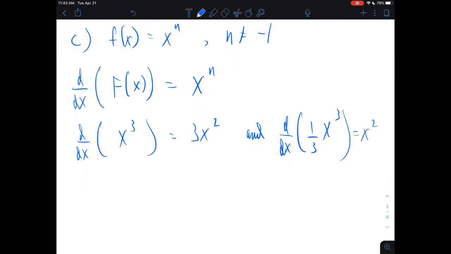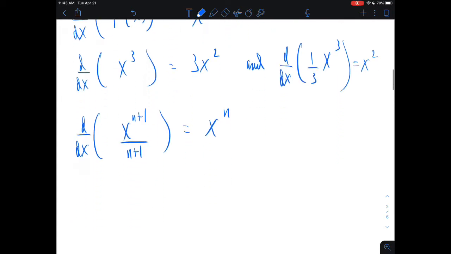So the way that I like to think of this, you want to end up with x to the n. So you know that you have to have started with a power that was 1 more than n. That would be x to the n plus 1. But then you don't want that power n plus 1 to show up as a coefficient, so you need to divide by that. And that's it.